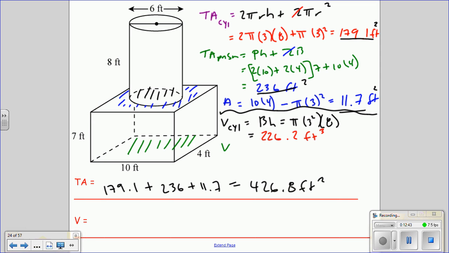Now we're going to find the volume of the prism, which is also B times H. So that's 10 times 4 times 7. So 40 times 7, in other words, it's 280 feet cubed.